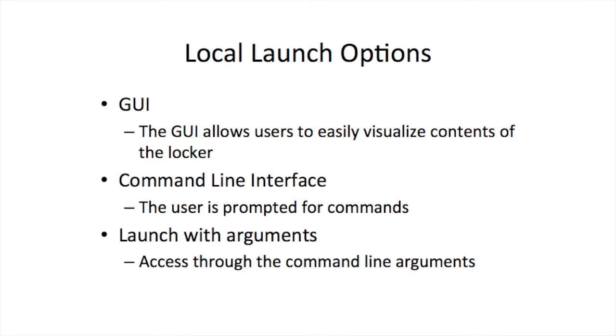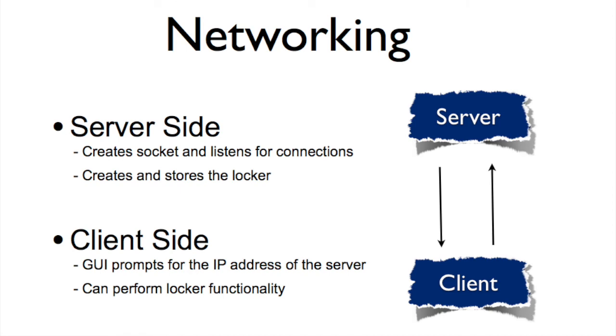For our data deduplication, we implemented networked access through a client and server side socket setup. The server side creates a socket and then an input and output stream. Server side prompts the client, once a connection has been made, to either create or open an existing locker.